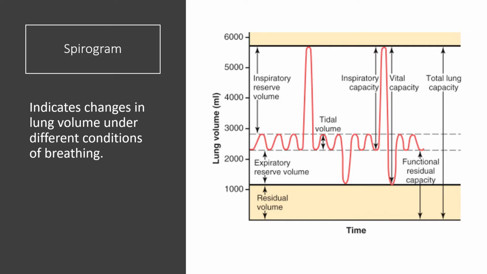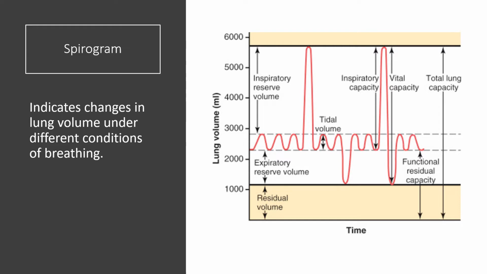This figure shows a spirogram indicating changes in lung volume under different conditions of breathing. For ease in describing the events of pulmonary ventilation, the air in the lungs has been subdivided into 4 volumes and 4 capacities. For the volumes, we have the tidal volume, the inspiratory reserve volume, the expiratory reserve volume, and the residual volume.